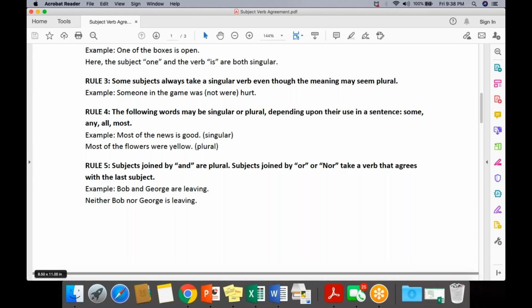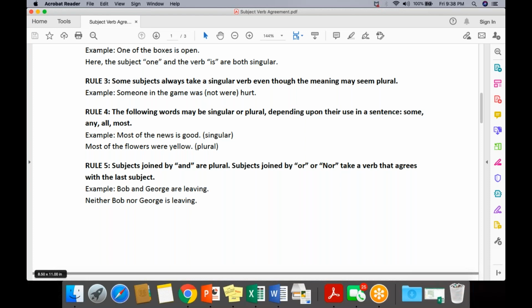It will be are. The rule is, if it is neither Ram nor children, the verb will coordinate with children.